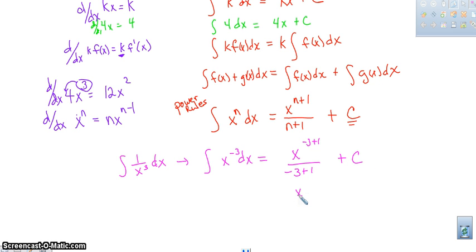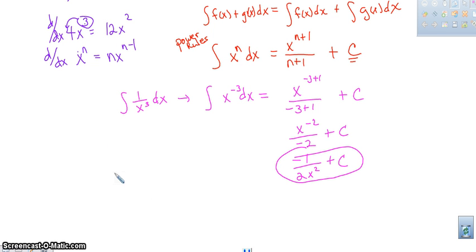So that becomes x to the negative 2 over negative 2 plus c, which is just negative 1 over 2x squared plus c. And if I want to make sure that's right, if I take the derivative, I should end up with my original problem.